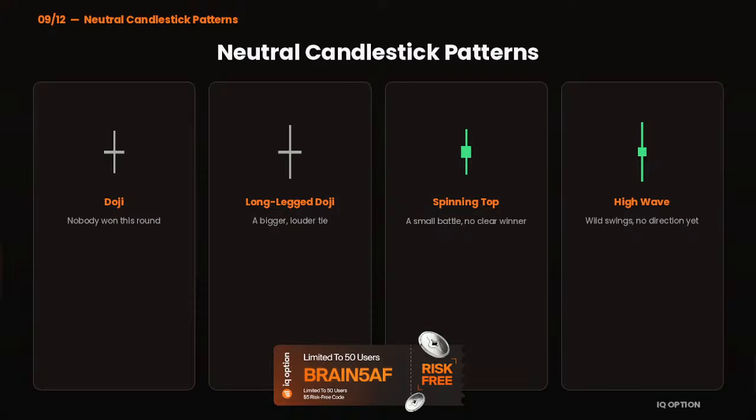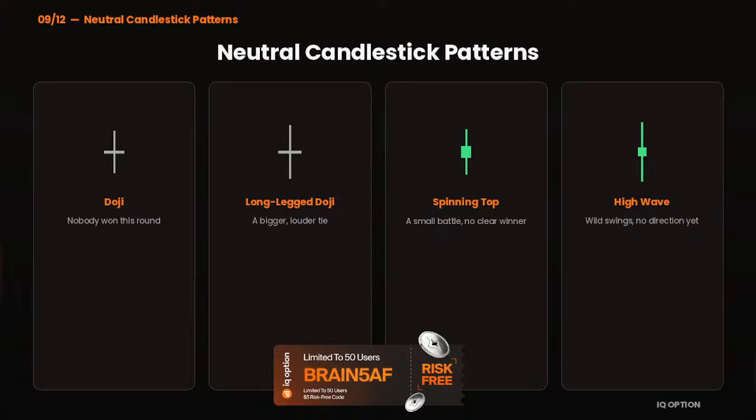Sometimes when you see a long-legged doji, it shows up before a very big bullish or bearish move, and that's why it has much longer wicks than the doji. So that is the long-legged doji.